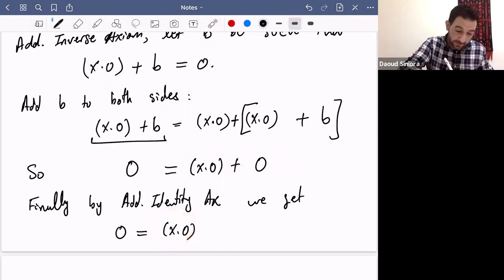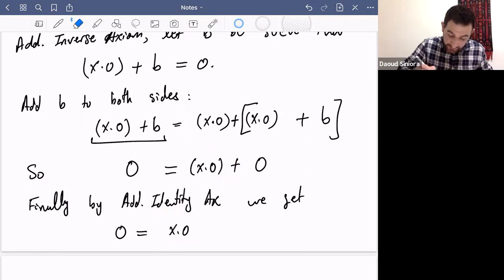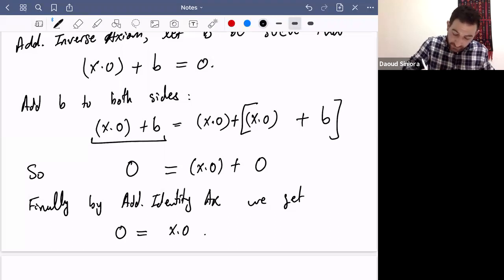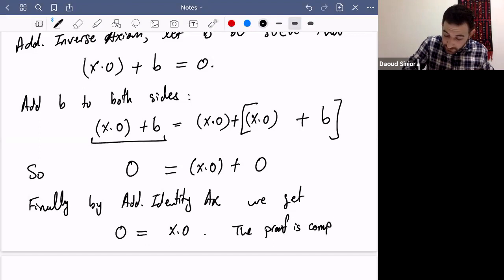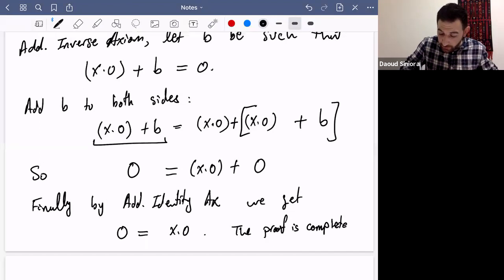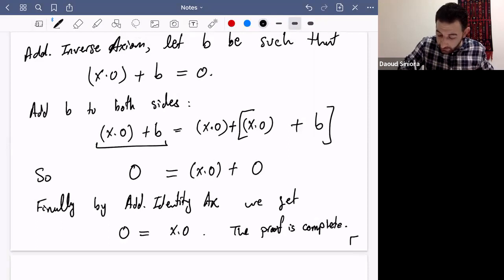And this is the required. So we proved that x times 0 is equal to 0. We can put a full stop here and say the proof is complete, and finish with a black square, say.